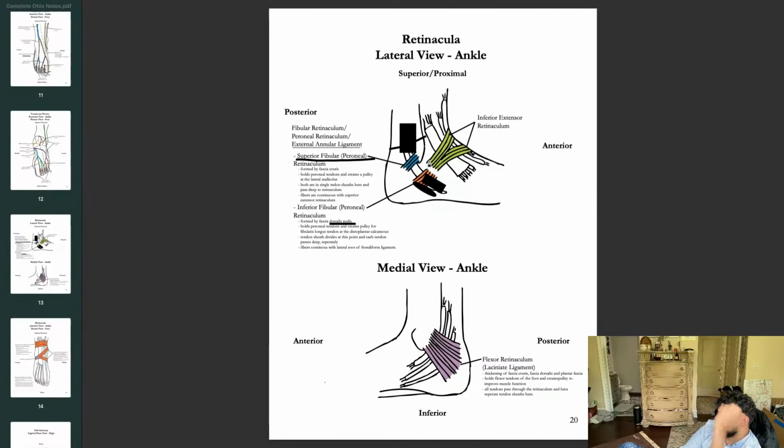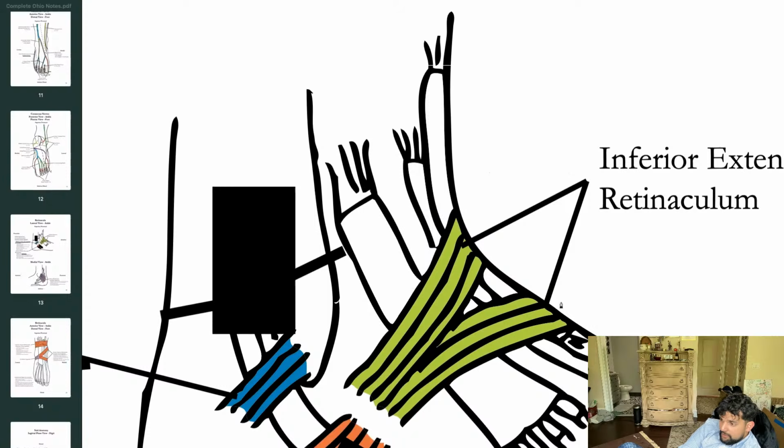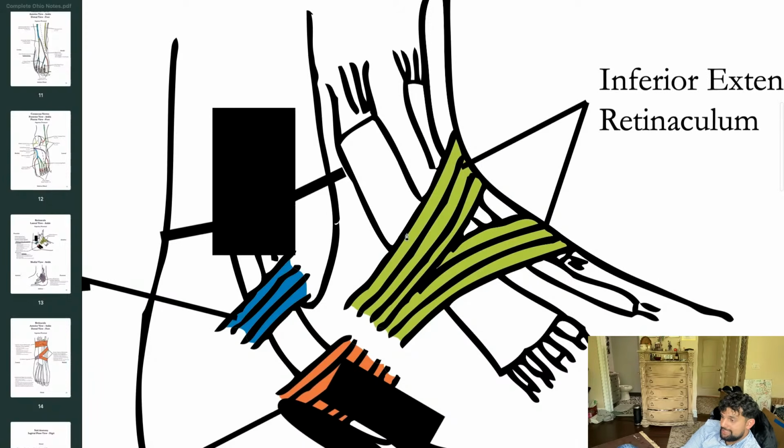Medially, what do you see medially? Also important. How the hell can I forget it? Inferior extensor retinaculum. There are two groups of things which pass under. There are things that pass under the superomedial and inferomedial oblique bands.